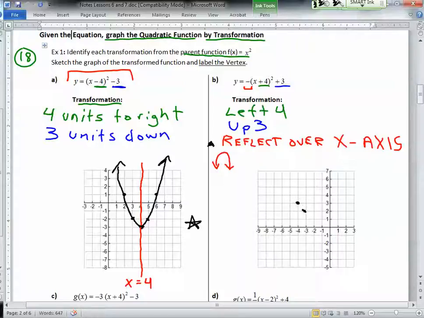And then I would go right 2 and then down 4. Again, from my vertex, I would go left 1 and down 1. And then left 2 and down 4. And that is the graph of this function right here.